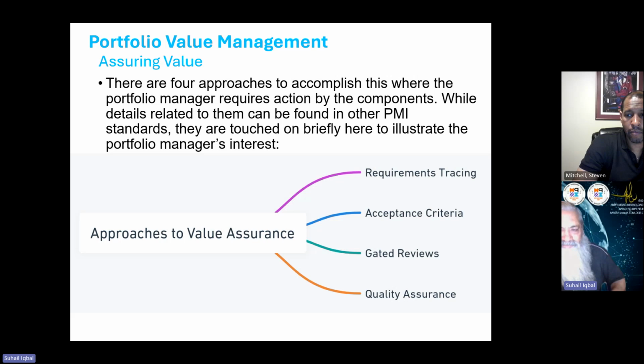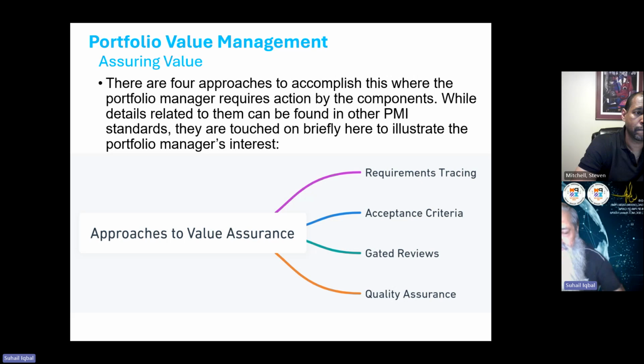This, again, I will repeat, portfolio manager is not doing from the perspective of micromanaging. It is not going to interfere into the working of the project or the program manager, but he just wants to assure himself and the portfolio team who are doing this audit that they are going in the right direction. They will be able to add value to the portfolio ultimately.